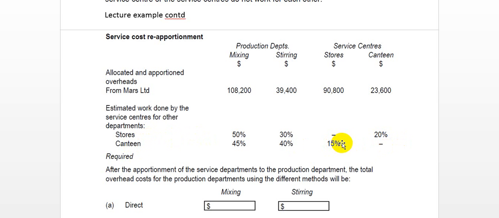So what it means is that as you reapportion the stores, your denominator will be how much? 80. 50 plus 30. As you reapportion the canteen, your denominator will be 85. 40 plus 45.